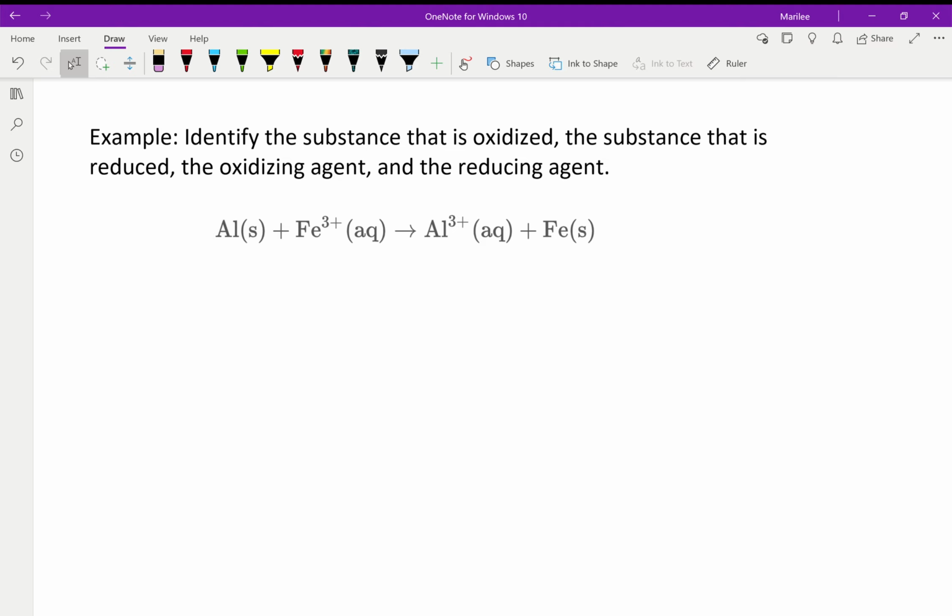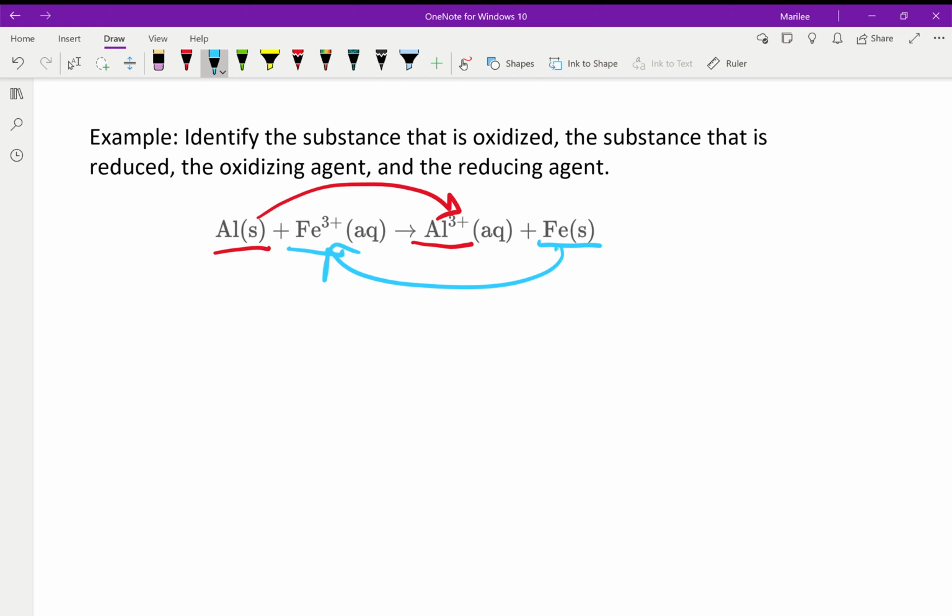So we have our aluminum solid, which is losing electrons, right? Because we go from Al3+, so we're losing electrons to form this. And then our iron, Fe3+, right, is gaining electrons.